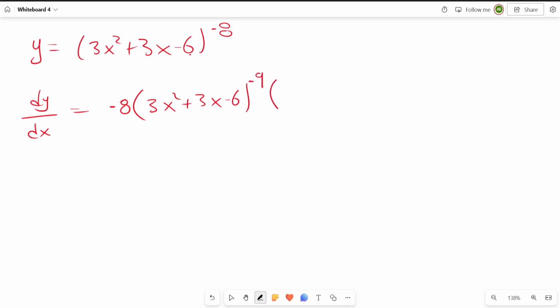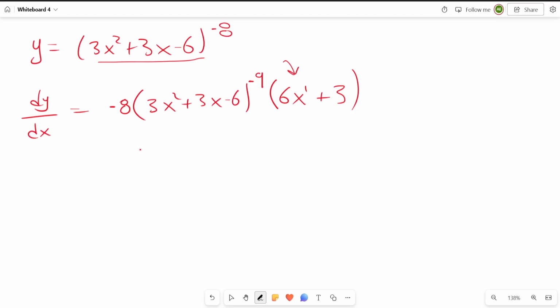And then I multiply by the differentiation of what is inside. So the differentiation of g of x, or what is inside, is basically 2 times 3 is 6x, 2 minus 1 is 1, and then plus 3x, the differentiation of that is 3, and then differentiation of negative 6 is basically 0. So what I can do from here is multiply this negative 8 into this bracket over here.